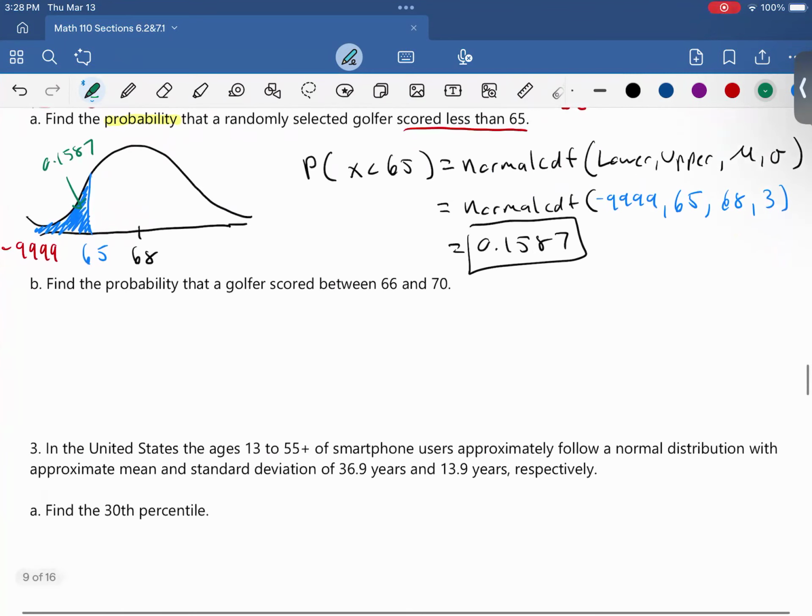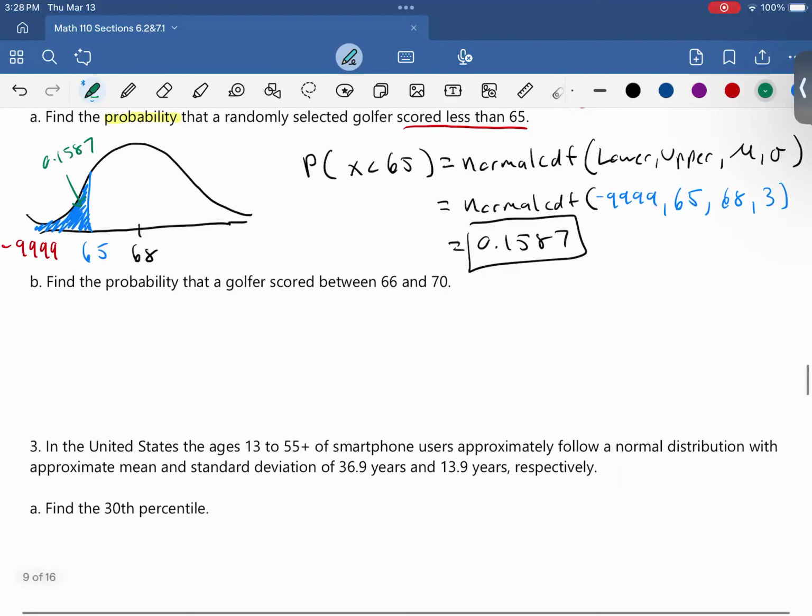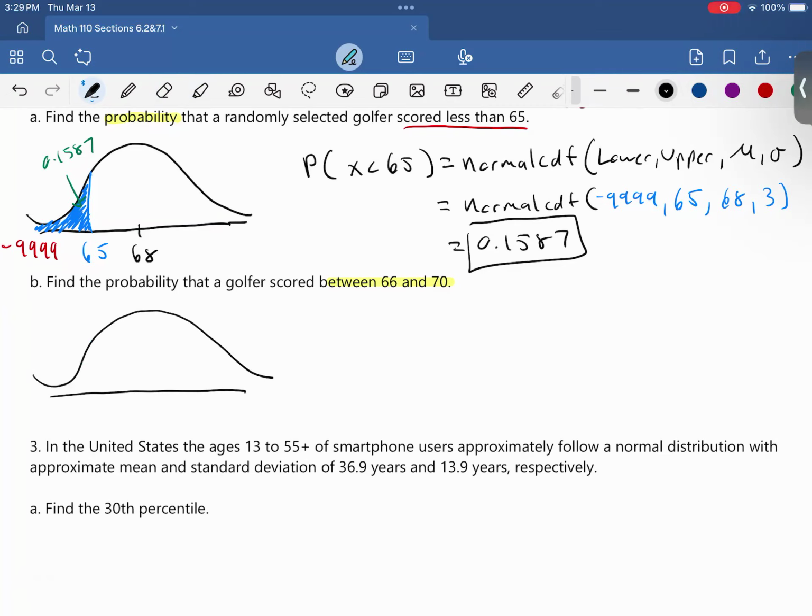What is the probability that a golfer scored between 66 and 70? We're going to do the same process here. We're going to draw a distribution. 68 is our mean, and now we're between 66 and 70. So we're trying to find this middle portion right here. Same thing, we want to set up our calculator work.